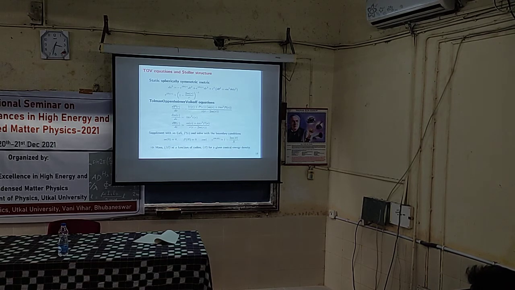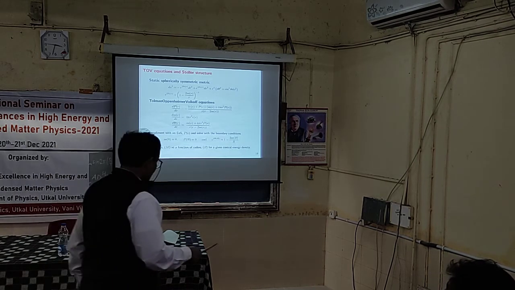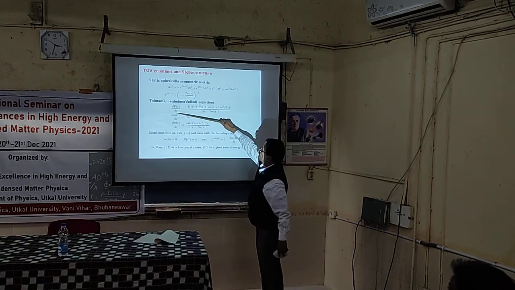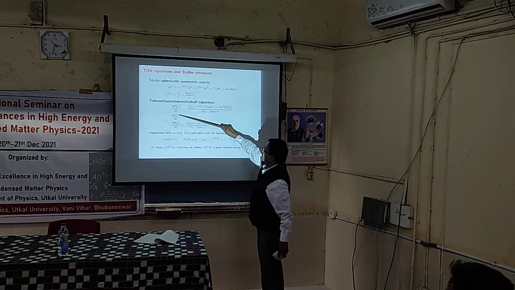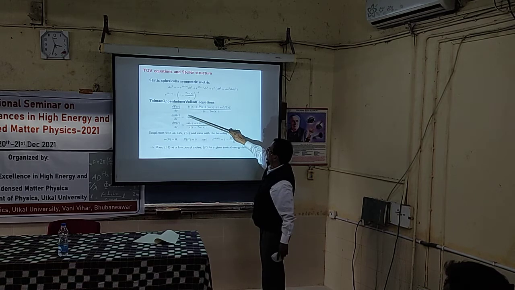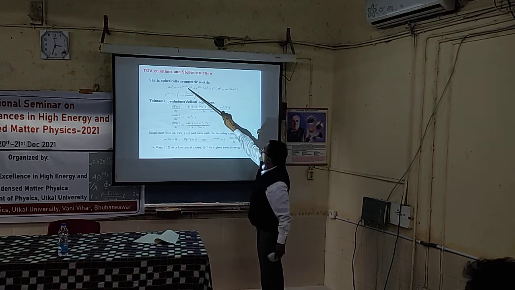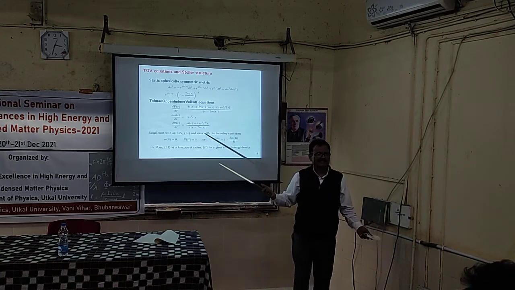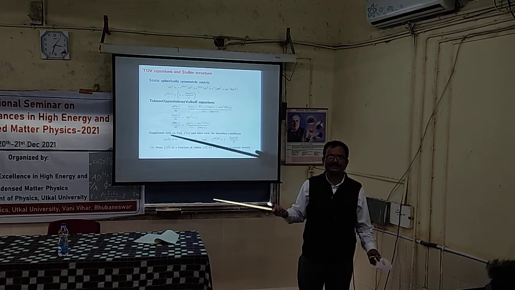And you write down a nice, complicated general relativistic equation in a proper metric. This is the metric you take, and this is the differential equation for pressure, this is the differential equation for the mass enclosed in a radius r, and this is the metric function, phi(r). So these are essentially three coupled equations that you can solve with boundary conditions.